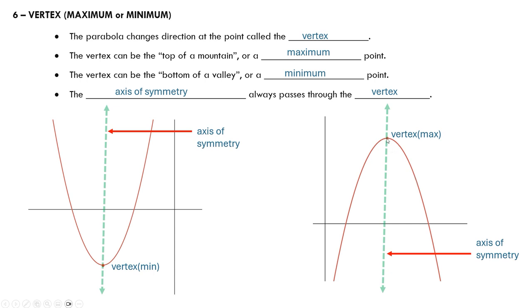In this case, we say the vertex is a maximum value. And in this case, we say the vertex has a minimum value. And the axis of symmetry always passes right through the vertex, right through the middle of the parabola.